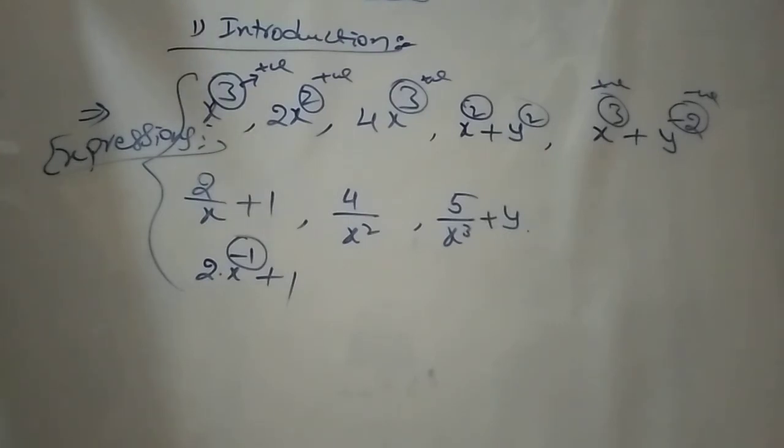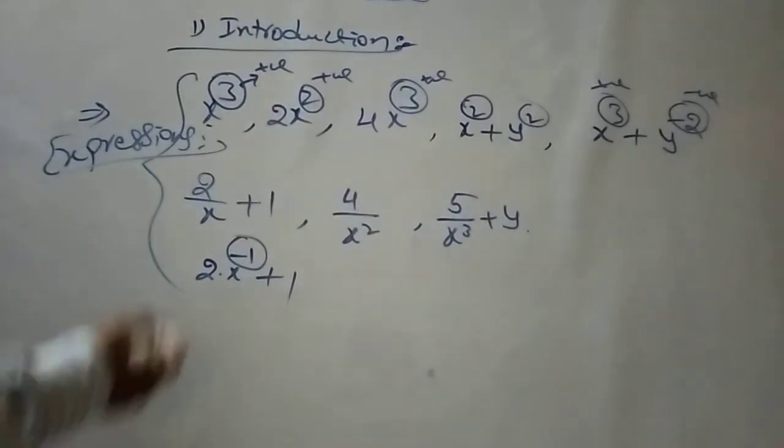An expression is called a polynomial if the variables involved in that expression have only non-negative powers. Okay, this is important.